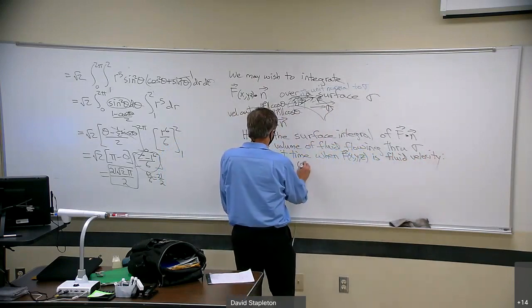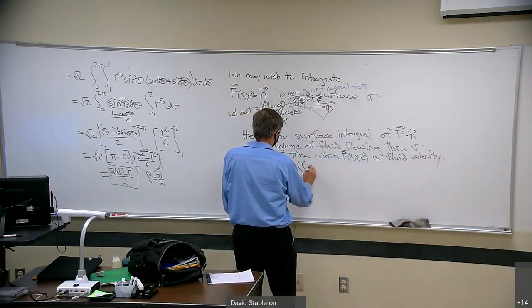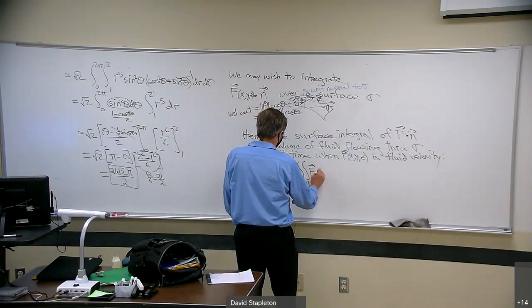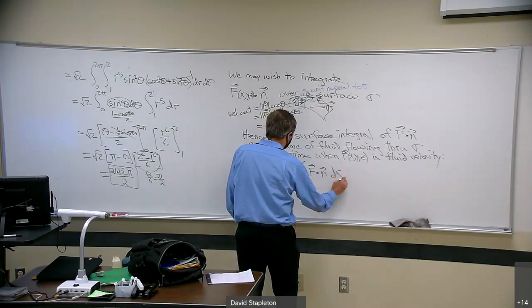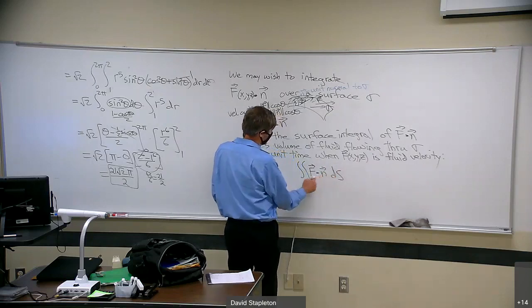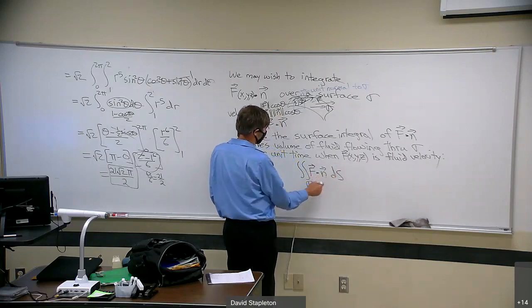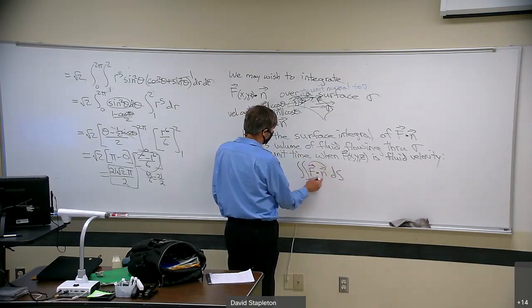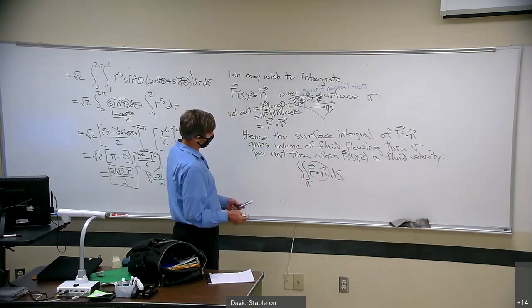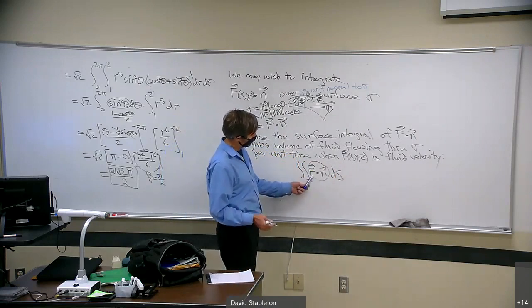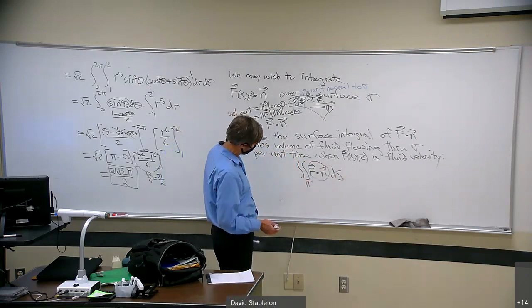Which is the double integral over the surface. Instead of putting in a scalar function, we put F dot n. F dot n is a scalar function because the dot product of two vectors is a scalar. So this replaces the little f, which we thought of as density, with F dot n, the dot product of the fluid velocity with the unit normal of the surface.